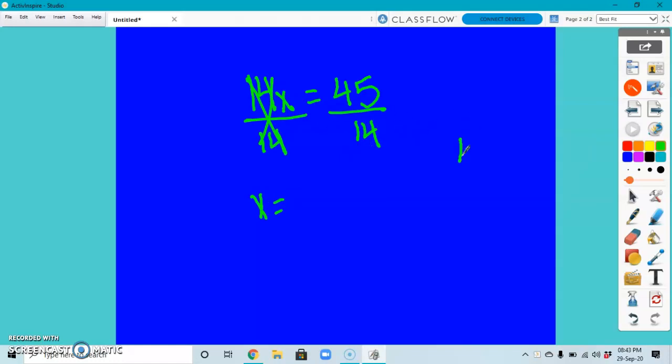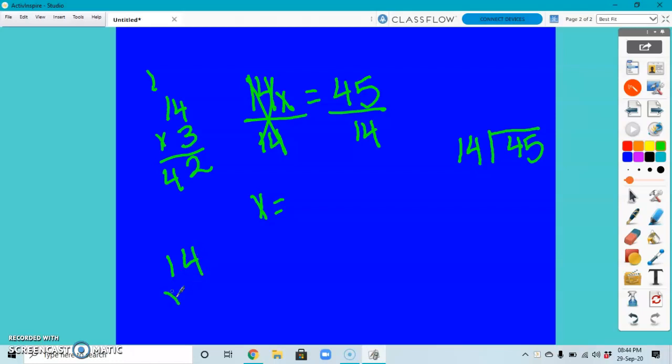So we're going to divide 45 by 14. In this one, since it's a big number, you get to use your guessing. So 14 times 3: 4, 8, 12. 3, 4. We need a bigger number. 14 times 5: 20, 5, 7.